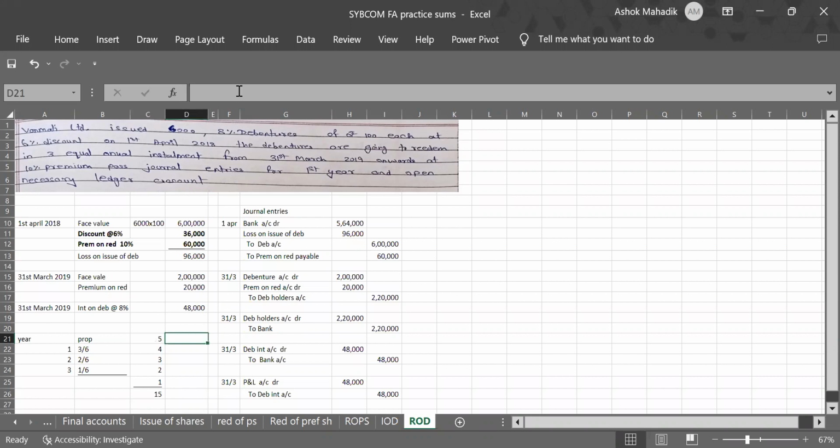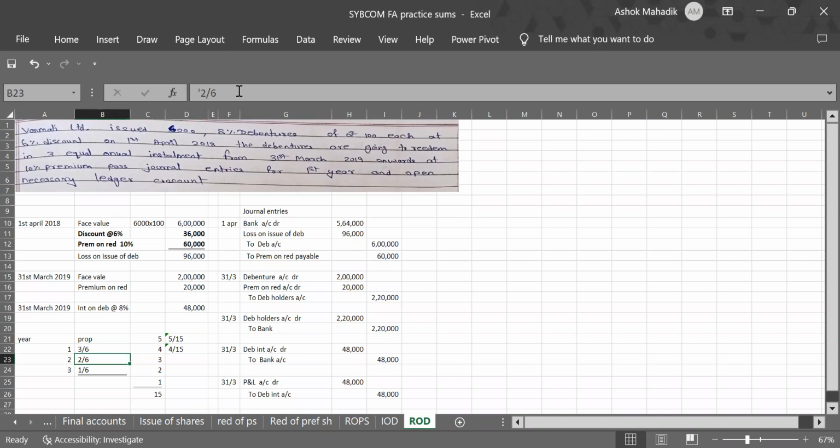So for year 1 the write off will be 5/15. Understood now where we got 5 and 15 from? Year 2 will be 4/15, and likewise. Clear?